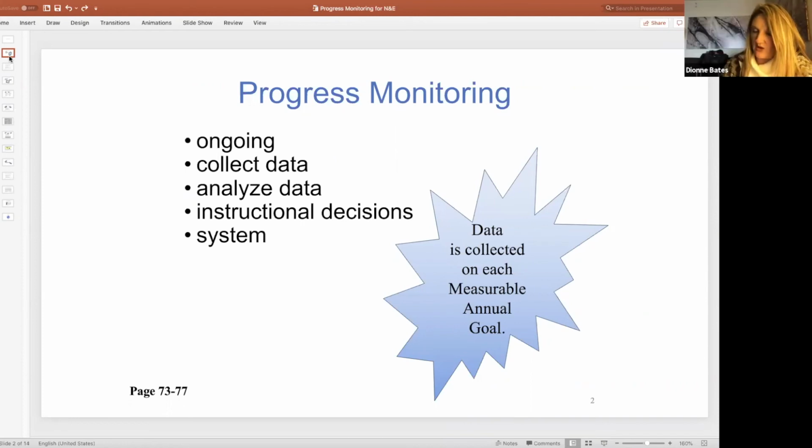Brenda, I want to ask a quick question. As we were starting this conversation, we were talking about a student who is in the 4th grade and reading at a 1st grade level. When you're progress monitoring that goal, that goal should be around that child's academic performance. Is that right?